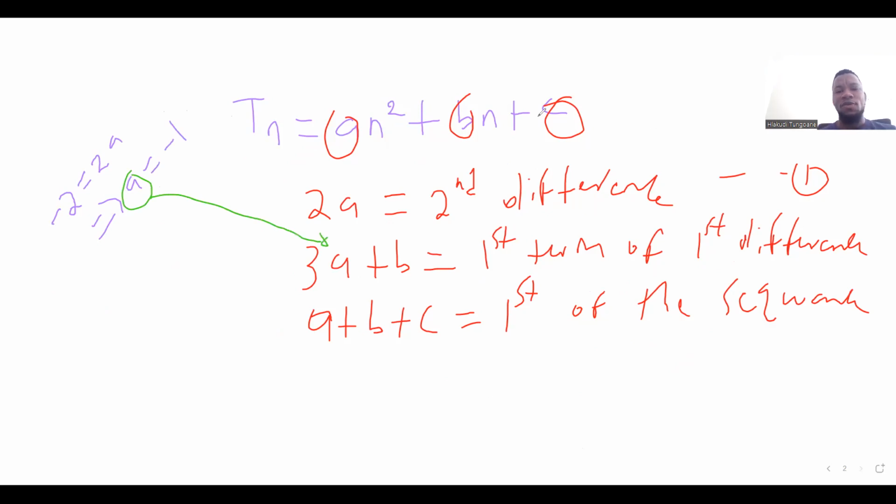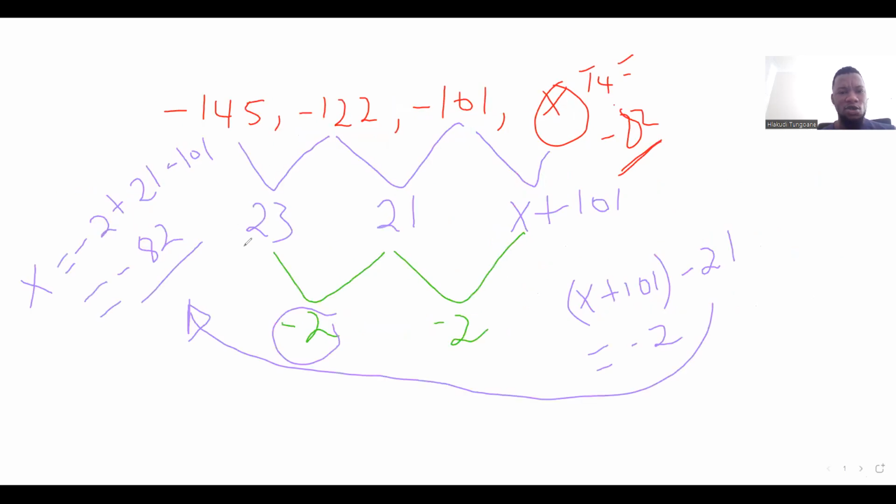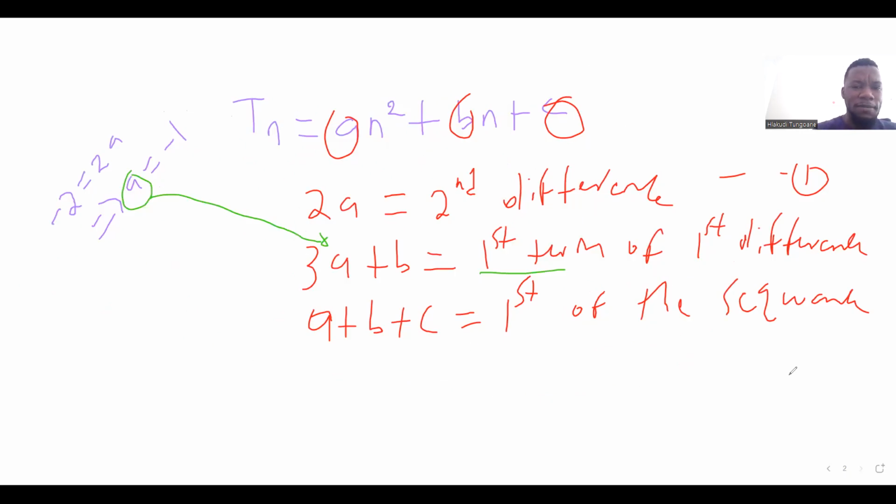And now we're trying to solve for b. To solve for b, we need to know the first term of the first difference. Let's go back. The first term of the first difference is 23. So we're going to equate this to 23.